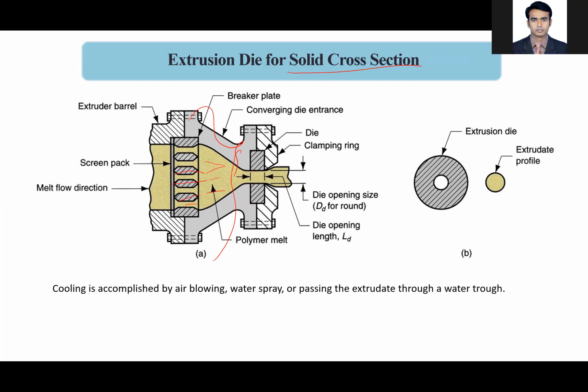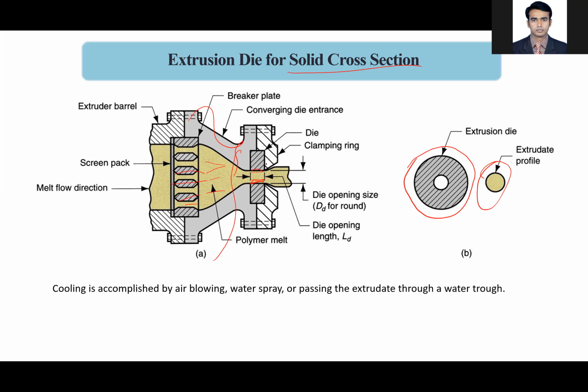And in this case, the extrusion die has a circular or solid round cross section. If we want to get a cylindrical extruded profile like this cross section, then we have to use this kind of setup. And one thing you can see here is that the length of this die has to be sufficient.